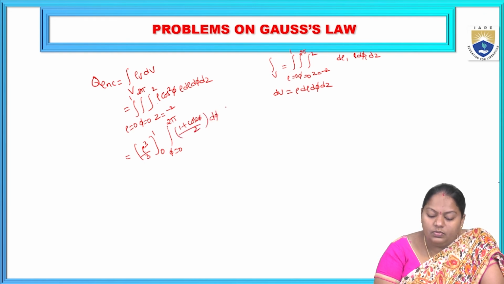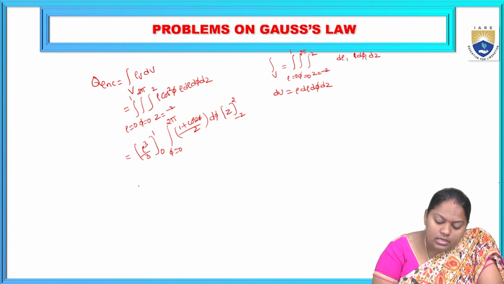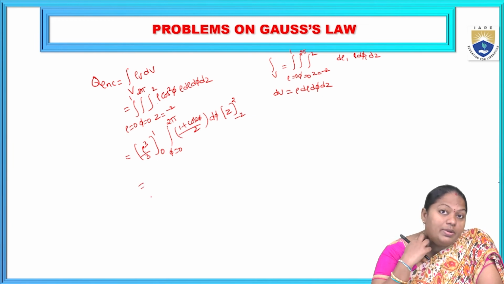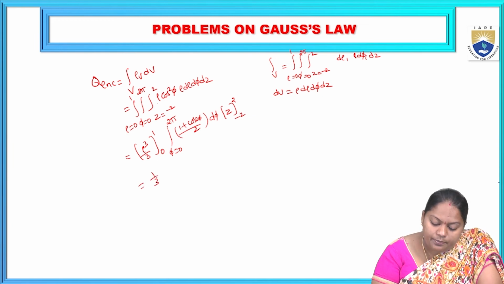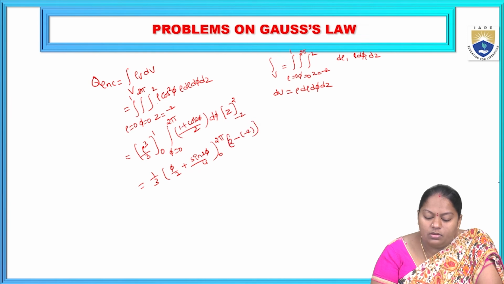And for z, we substitute the values 2 and -2, right? Then for rho, if we substitute the upper limit as 1, we get 1 by 3 into, and integrating this one gives phi by 2 plus sine 2 phi by 4. If you substitute the limits 0 to 2 pi, and for z, 2 minus (-2) becomes 4.